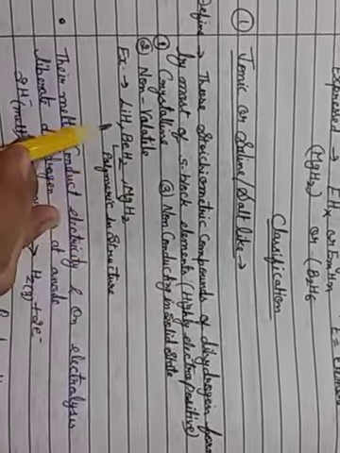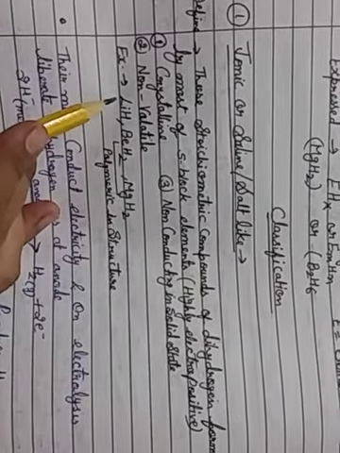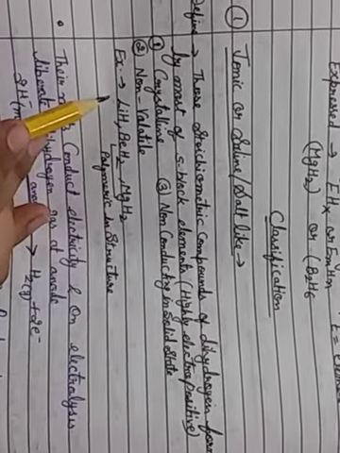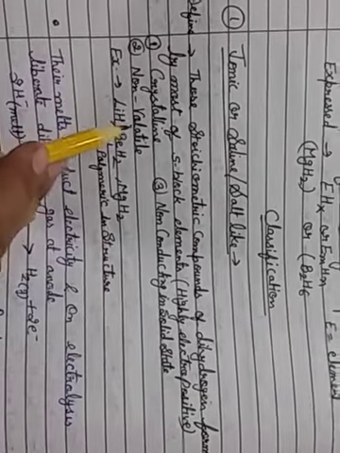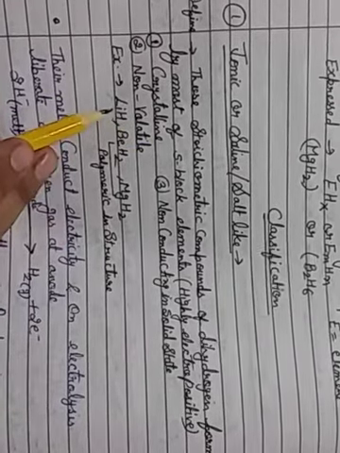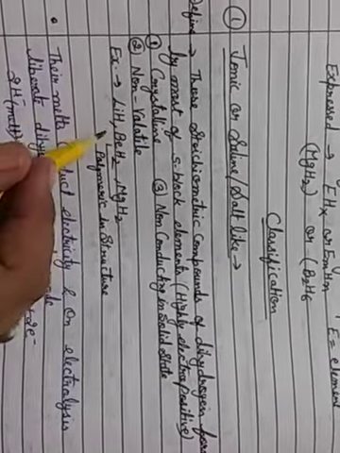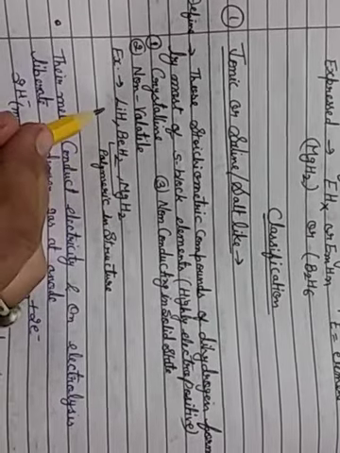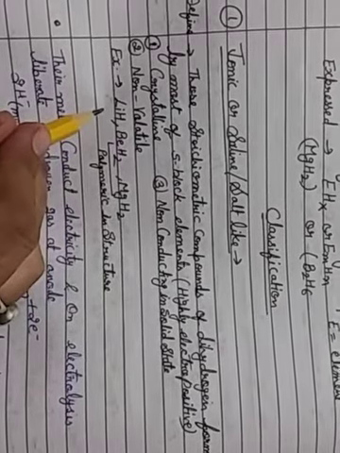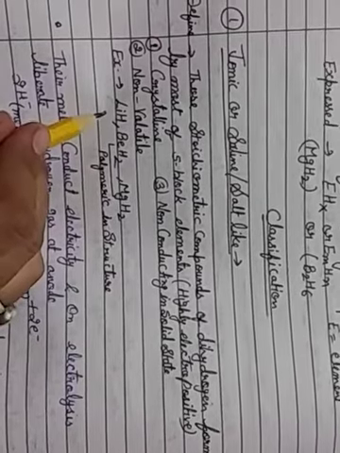Like lithium, an s-block element: hydrogen combined with s-block elements forms ionic compounds like LiH, Li plus H minus. So it is known as ionic, otherwise saline.